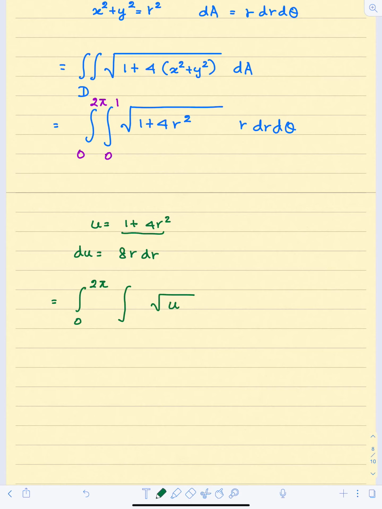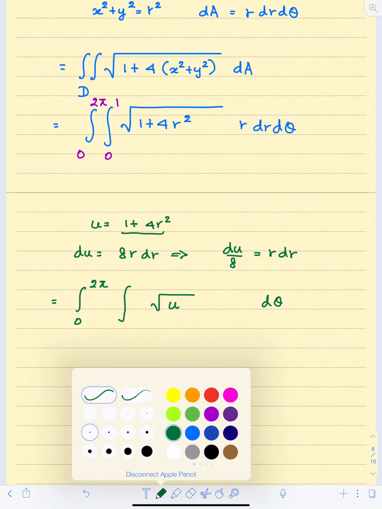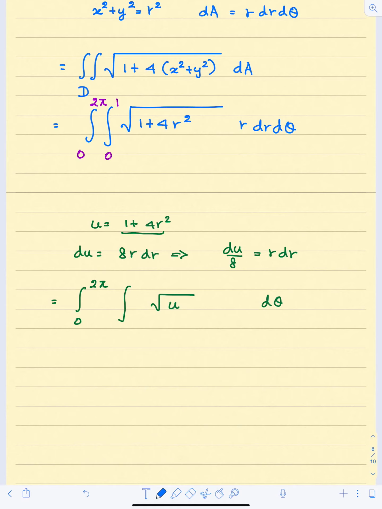Now what is r dr? From this, du over 8 equals r dr. So now we have du over 8.